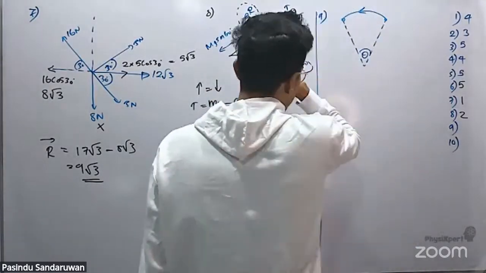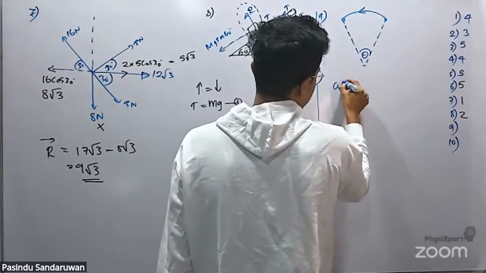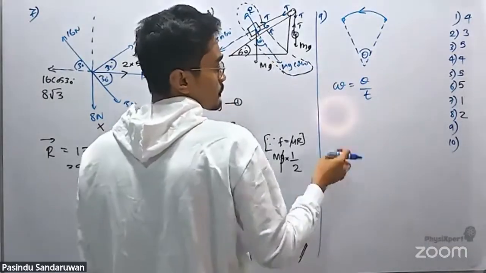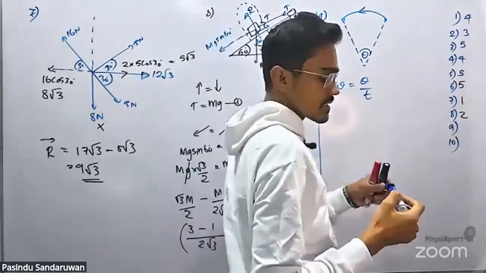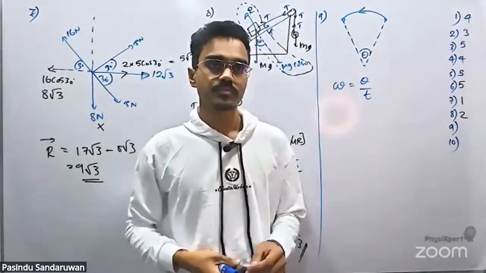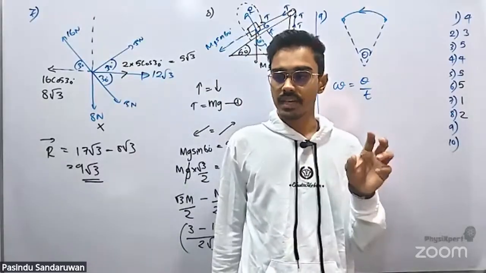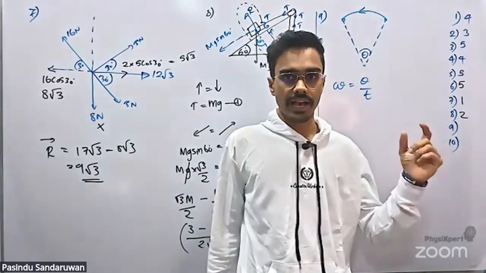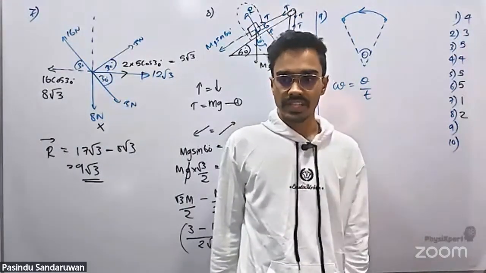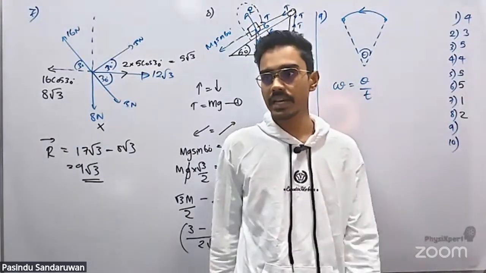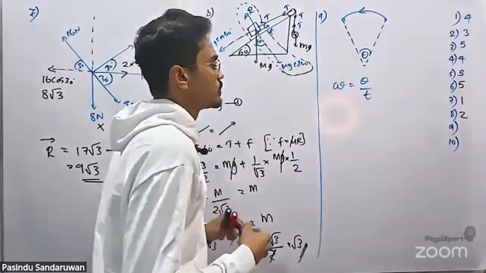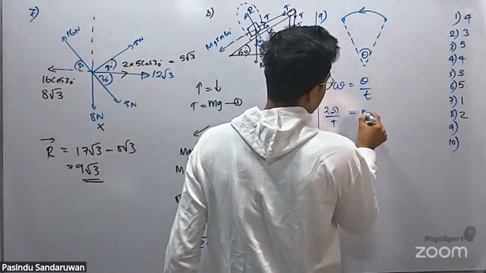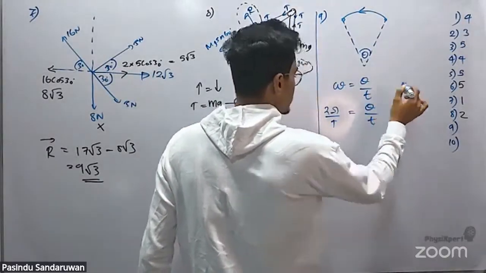For that scenario, if I apply omega equals theta over t, since periodic time of sun is known as 24 hours, we can expand omega as 2 pi over T, using periodic time. 2 pi over T equals theta over small t.